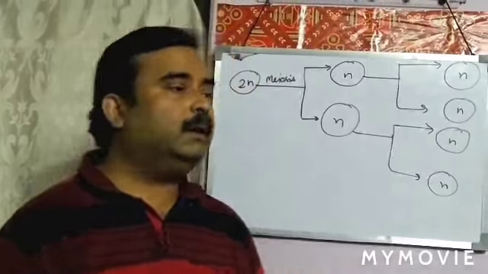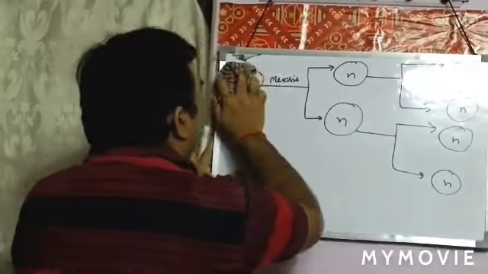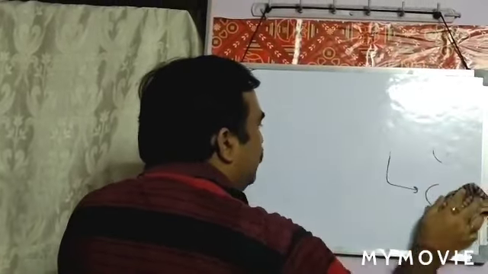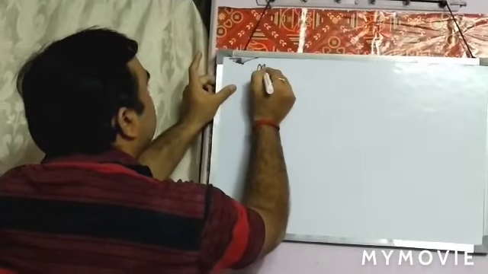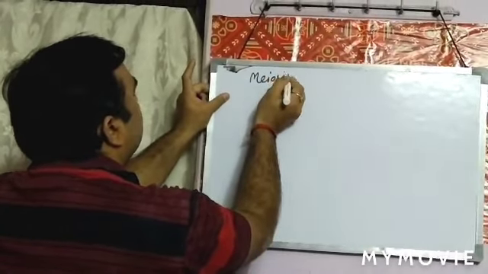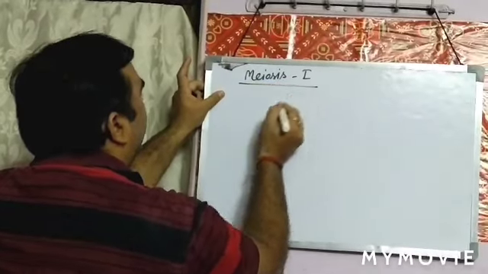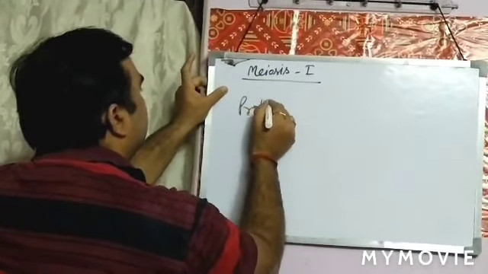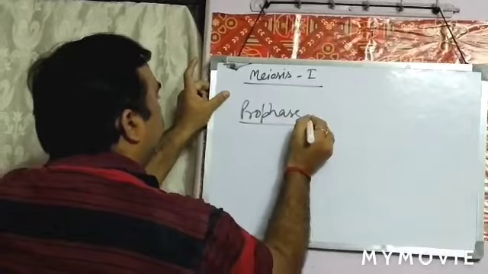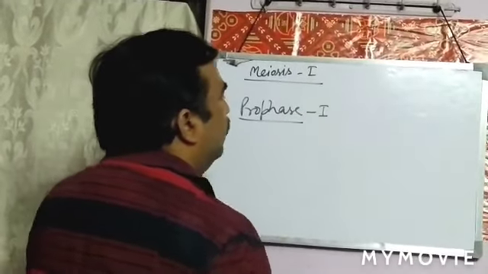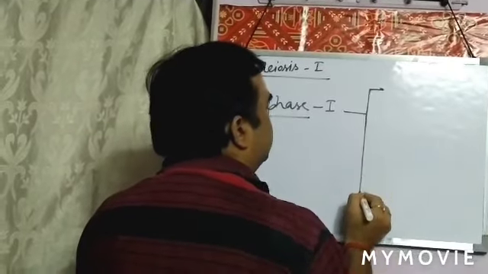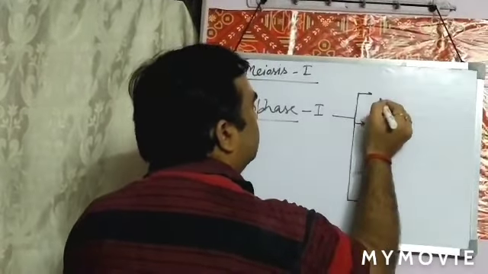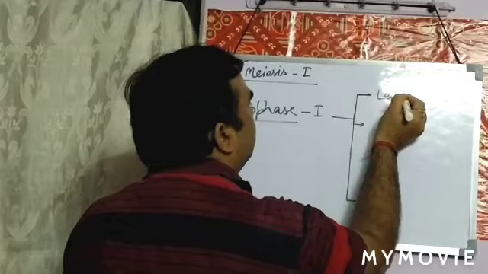This crossing over occurs during meiosis 1, in prophase 1. Prophase 1 is further completed in 5 steps: leptotene.